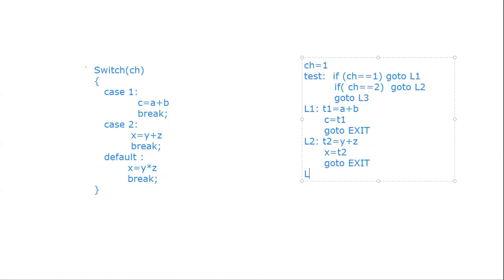And in a similar way, we'll write L3. What is written in L3? y * z, and this value is assigned to x and then go to exit, right? And after completion of everything, I've made a label exit. So this is the format to write the 3 address code for switch case.